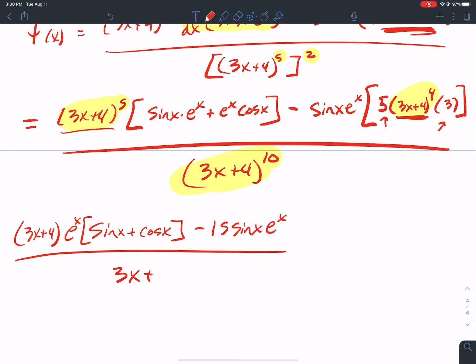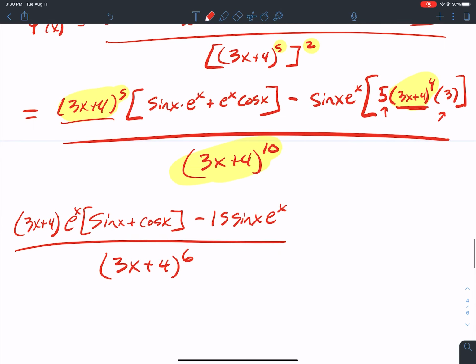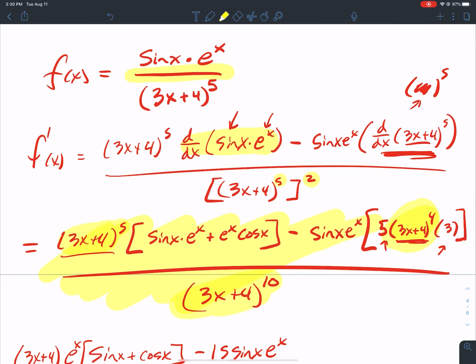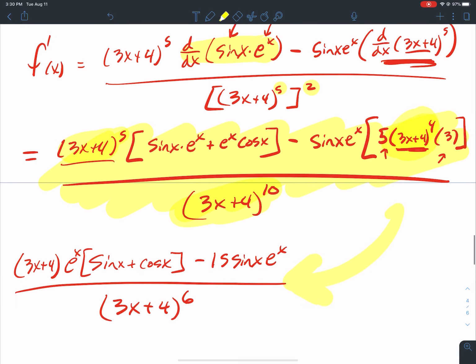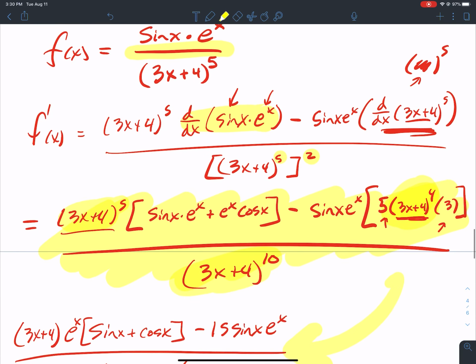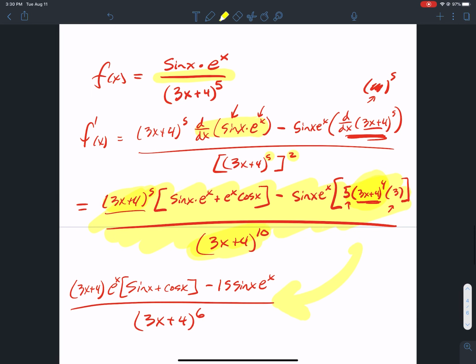And then this is 3x plus 4 raised to the 6, because I took 4 of those out. But the main thing is that you're able to get to this part right here, and then simplifying it is just that extra 1 point or whatever it is. But that combines all of the three derivative techniques that we've learned in this section. All right.